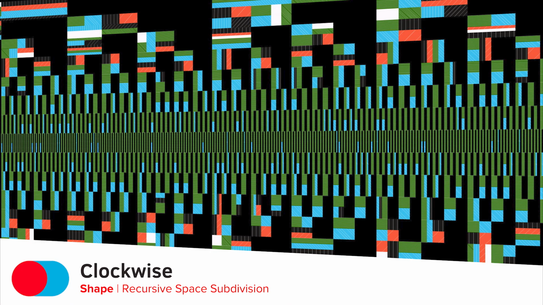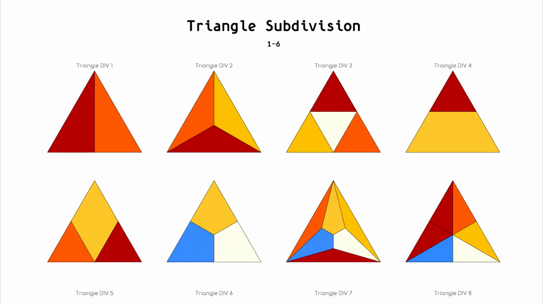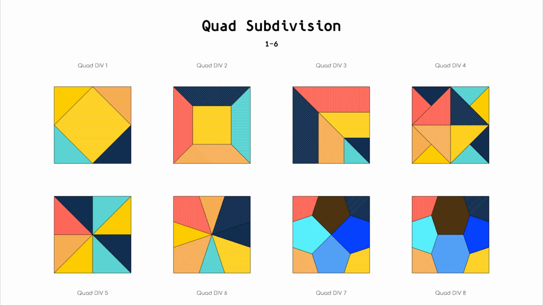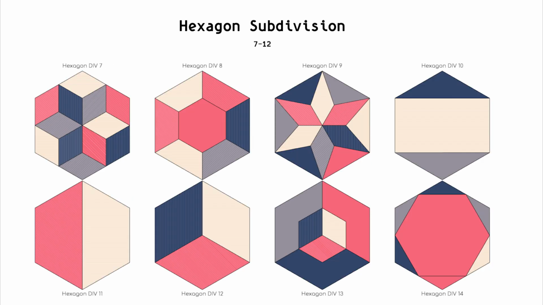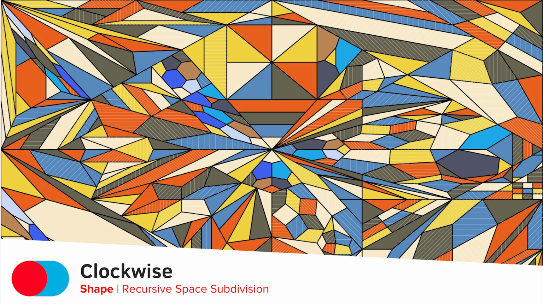Basically, the algorithm used is the subdivision of a space. Before programming the algorithm, I researched many different ways to divide polygons. And then I coded a recursive program to subdivide the space into many polygons.